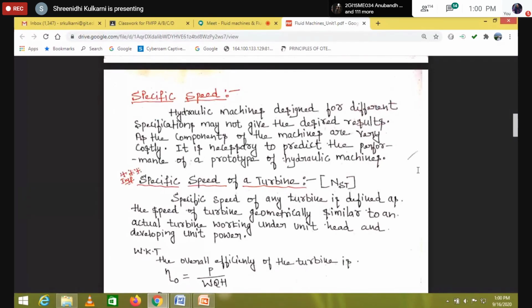Turbo machines are of two types. One is power generating turbo machines, another one is power absorbing turbo machines. This specific speed has a very important role in any turbines, that is in hydraulic machines.